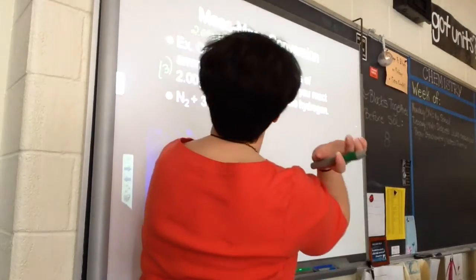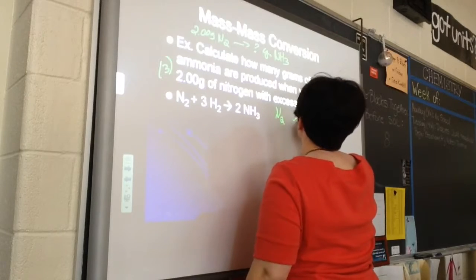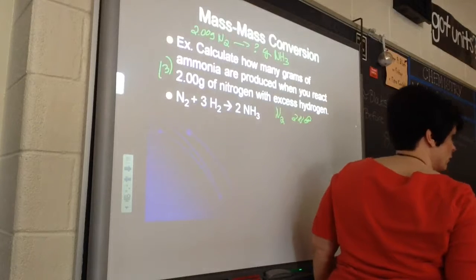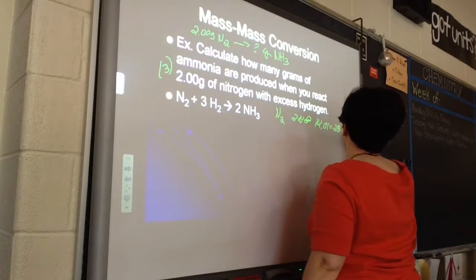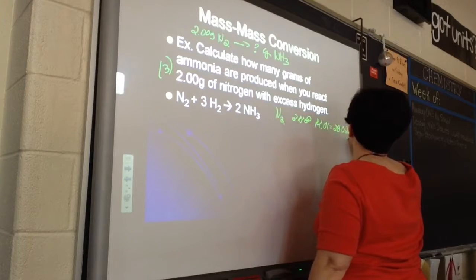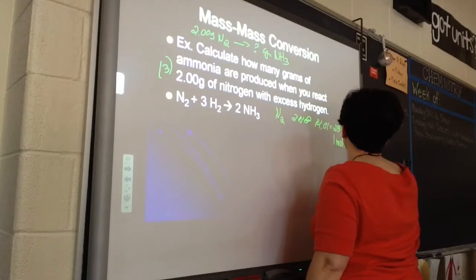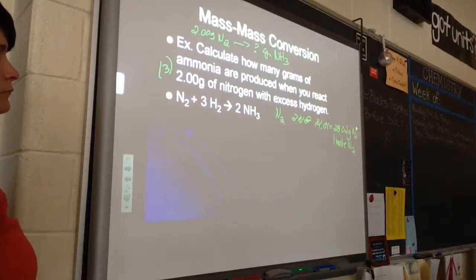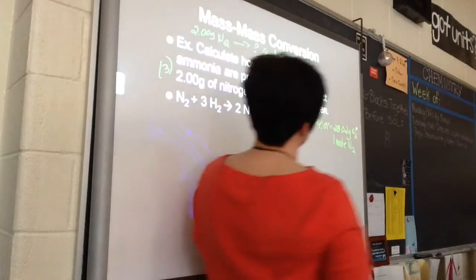Okay? So, for N2, we've got 2 N's at, I think it's 14.01. So, 28.02 grams of N2 is equal to 1 mole of the same. We also need the molar mass for NH3.